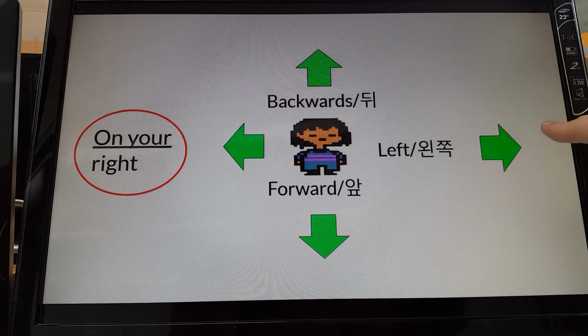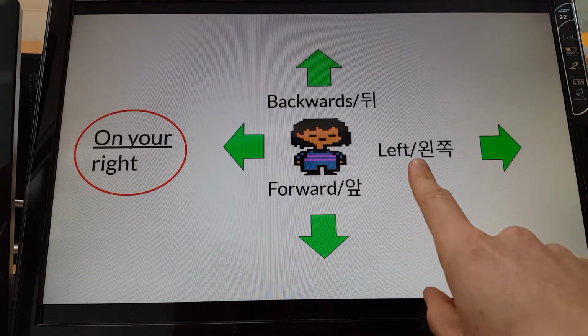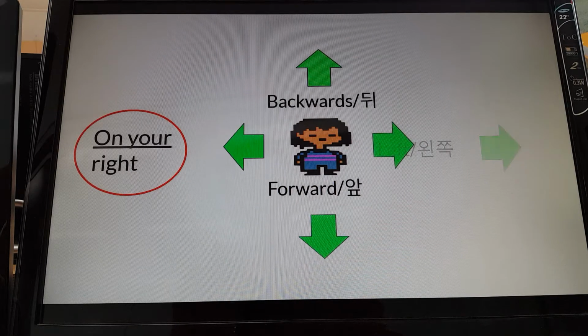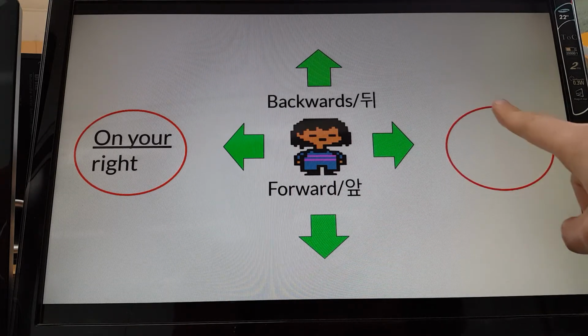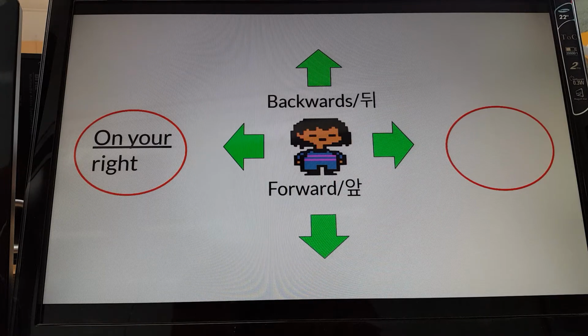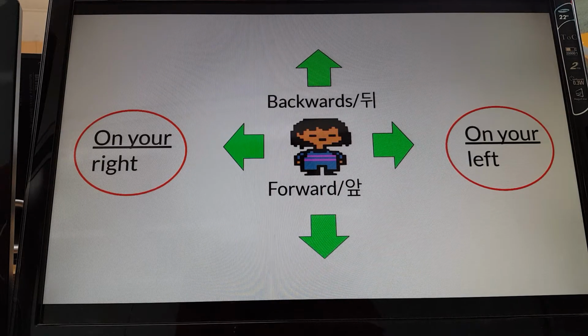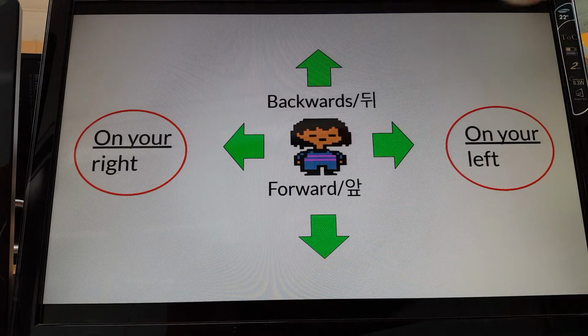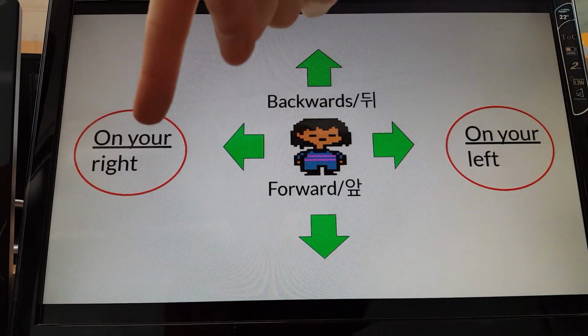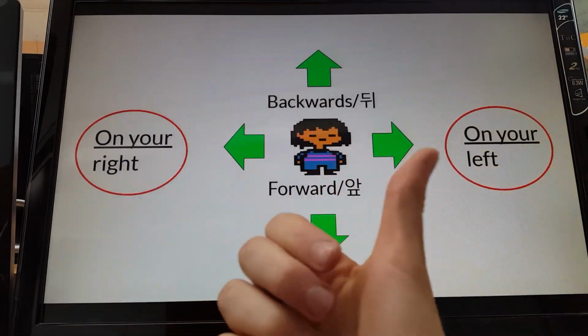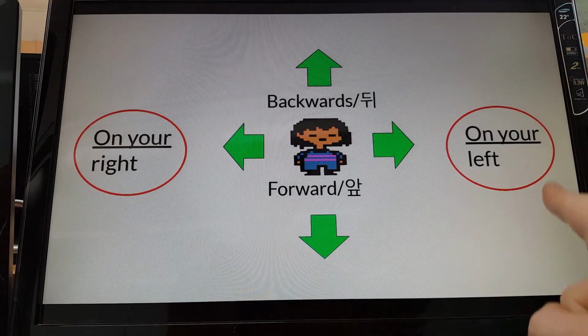How about here? So this is left. So what is this? Correct. It is on your left. On your left. So right, on your right. Left, on your left.